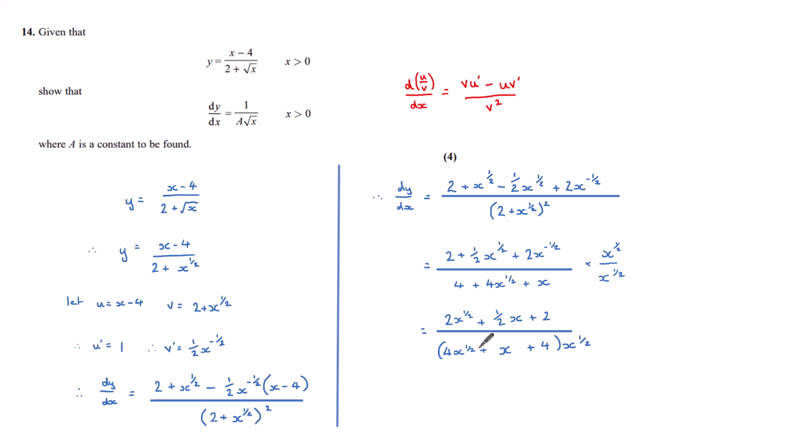And the reason I'm doing that is if we look at the numerator and the denominator now, notice that these terms are a multiple of each other. So these will cancel. This bracket on the denominator is 2 lots of the numerator. And so this becomes 1 over 2x to the half, which is 1 over 2 root x, which is what I wanted to show. My capital A must be equal to 2.